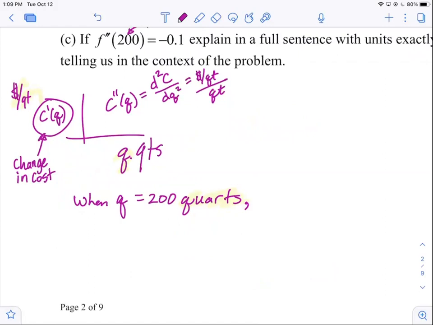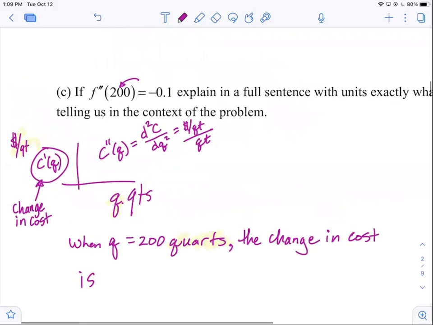So when Q equals 200 quarts, we'll just say the change in cost, in production cost, if you want to write that out, the change in cost is what? Increasing or decreasing? Decreasing, right? So we have a negative numeric answer, which is great. But in our sentence, we interpret that as a direction. So if you ever have a negative rate, you're going to say decreasing.